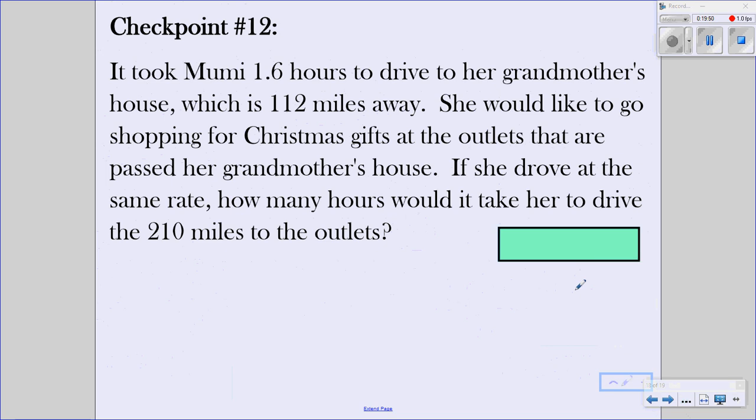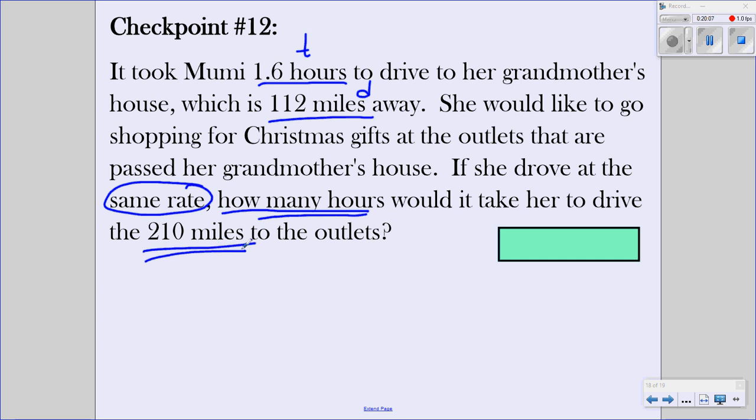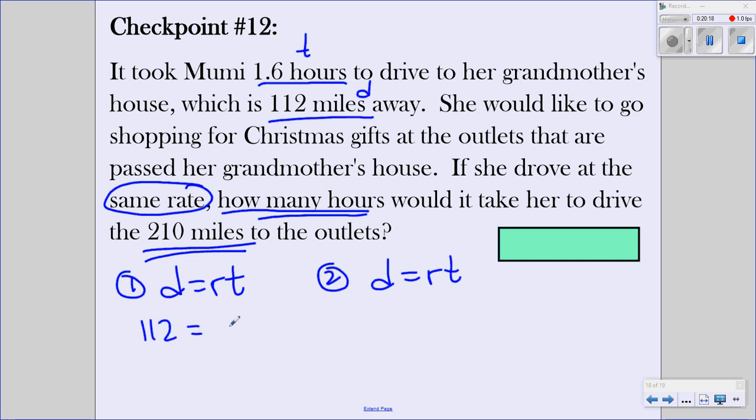So let's look at the information. We have the time, we have the distance, and they want to know the same rate. We don't know what the rate is. And then this one is asking you how many hours using this mileage. So it's going to be a two-parter, and we're using D equals RT. So the first one, we have the distance and the hours, and we need to find the rate.